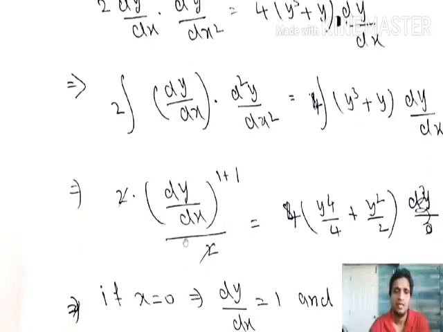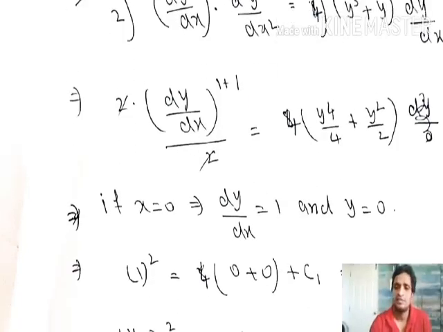So here (dy by dx) whole square by 2 is equal to, on the right side, 4 into y cube plus y dy, the integration value of which will be 4. Here the dx term must be on the left side. 4 into y power 4 by 4 plus y, whose integration is y square by 2, plus c1.